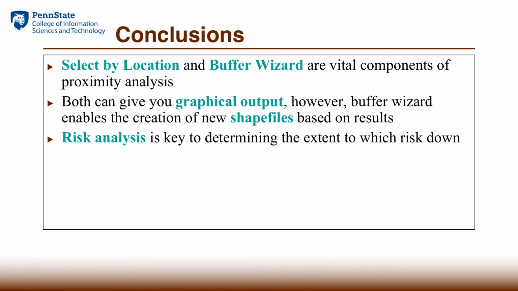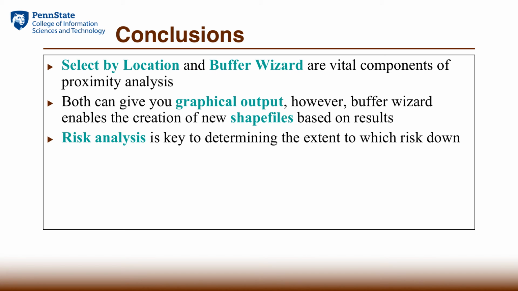With that, I want to conclude this lecture by saying that finding out what is inside, what is nearby, has two forms of analysis. One is select by location, and the second is the buffer using the buffer analysis tools. Which one is appropriate depends on the purpose of your analysis.